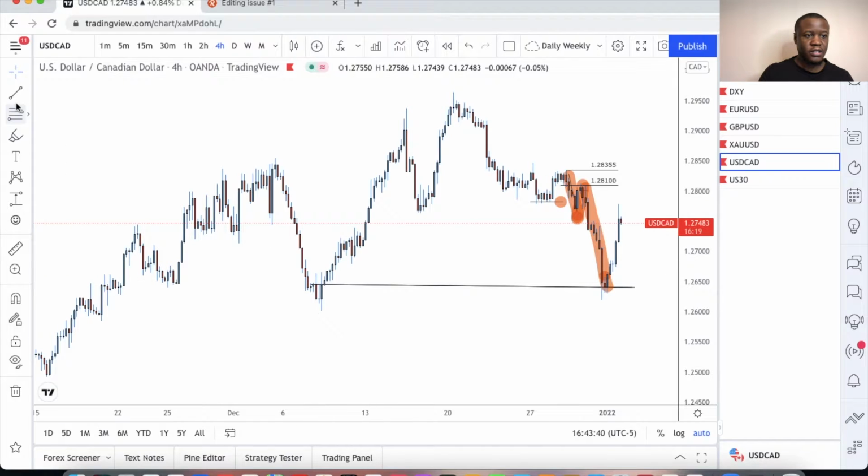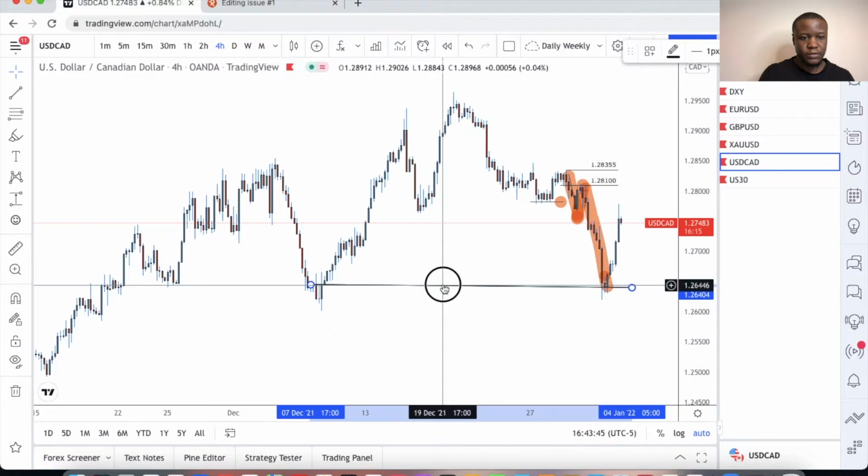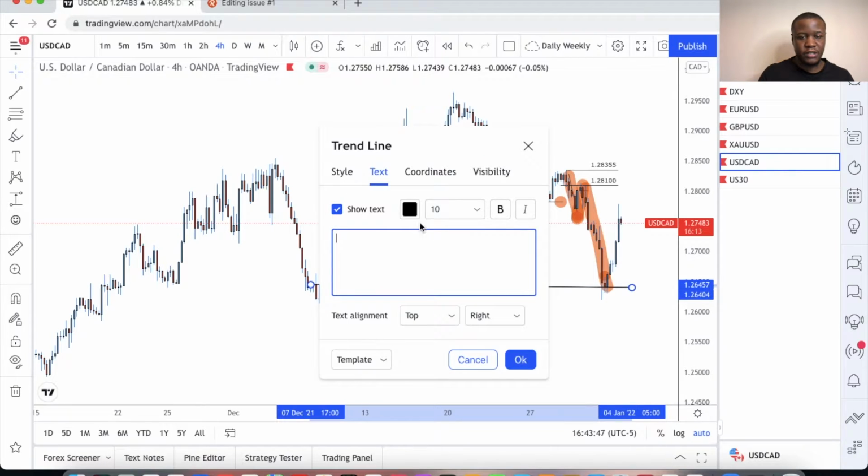So this would be a perfect target. And as you can see, it did come all the way down to this target. 1.264.